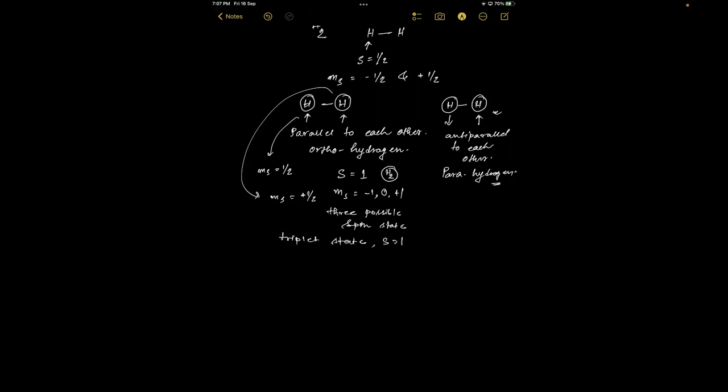Total spin quantum number 1. And also these two spins are parallel to each other. That means if we interchange these two spins, they are symmetric, right?